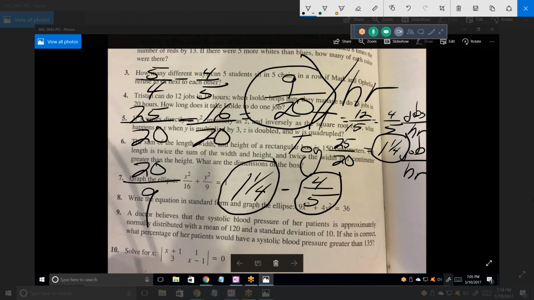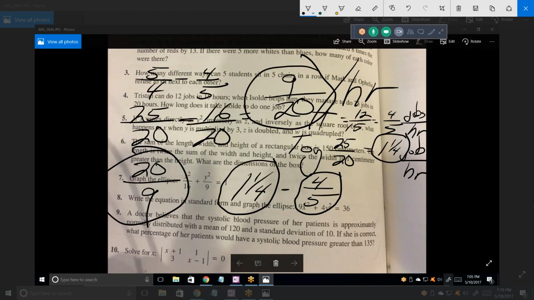And think about that. That fits. She's doing almost half a job per hour. So she can do about 2 hours to do a job. Well, that's almost 2. It's a little bit more than 2. Yes. So it's really 2 2/9 hours to do one job.